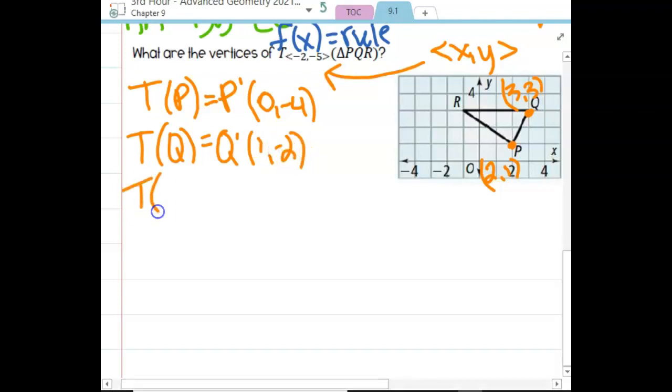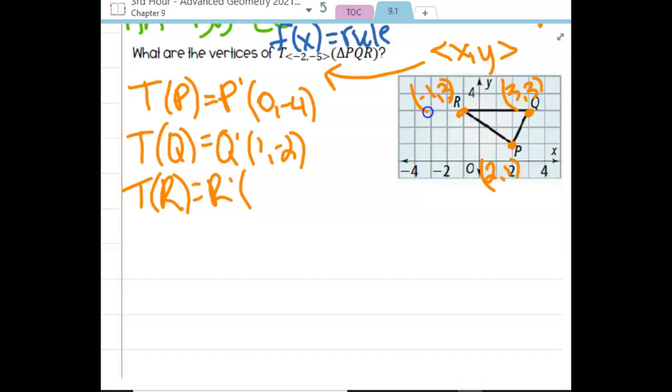And then we'll do the same thing. We will translate point R to get R prime. Well, point R is at -1, 3. So if I do the same thing, my rule says -2, -5. Where would R prime be at?